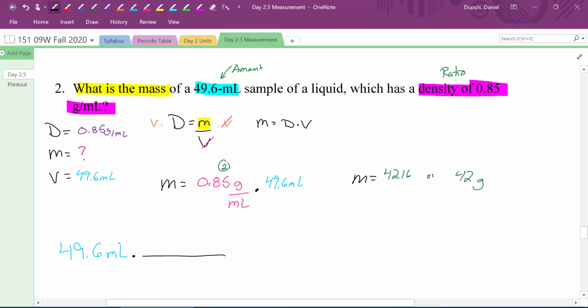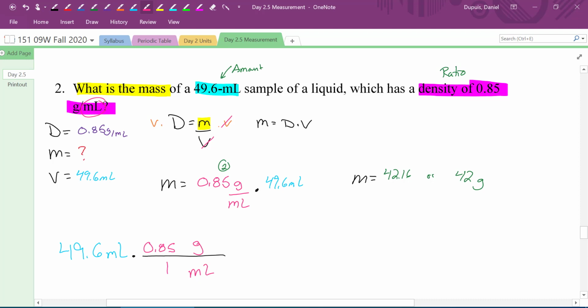And I use my ratio. My ratio, well, milliliters has to go on the bottom. So I put milliliters on the bottom, right? Grams on top. And so this is 0.85 grams per 1 milliliter, right?